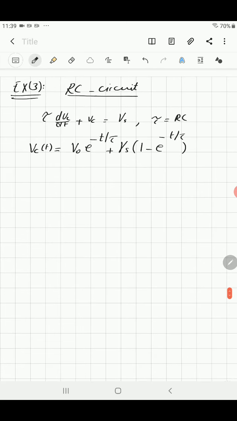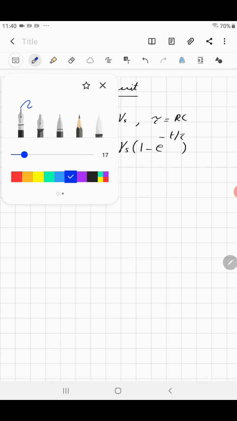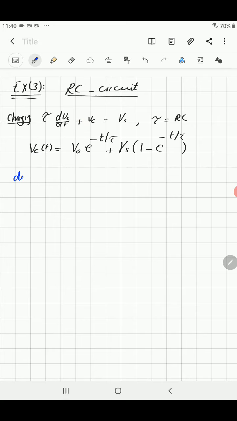When you are discharging the capacitor, the differential equation will be different. So let's say the previous one is for the charging process. For the discharging process, the equation will be tau dVc/dt + Vc = 0. You don't have a source here. The solution will be Vc(t) = V e^(-t/tau), where V was charged before.